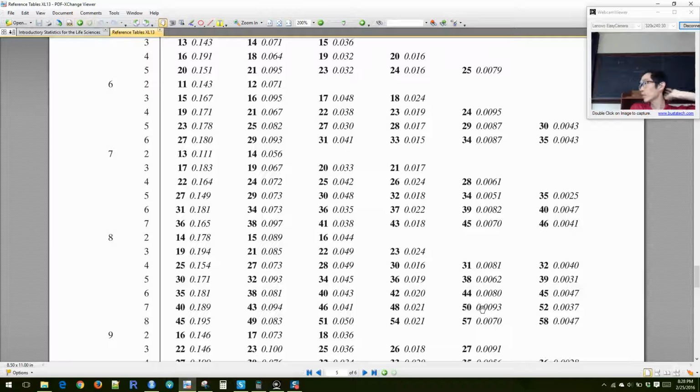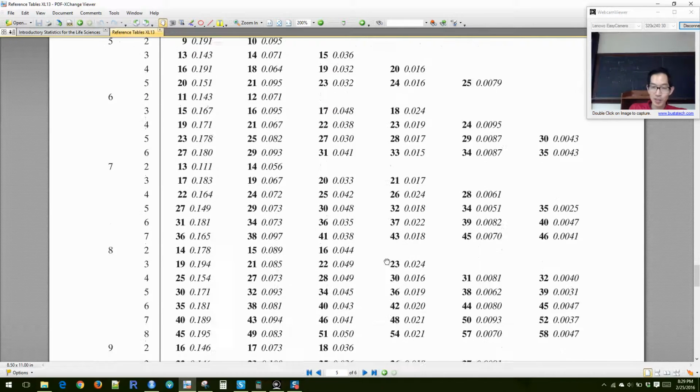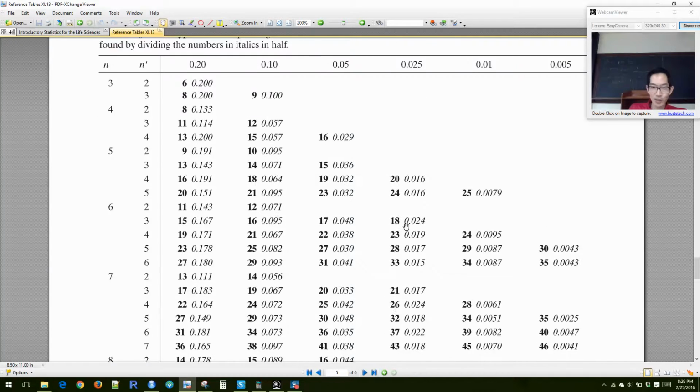But again, if you had one of these exact values that are printed in bold, you would know your exact p-value, which is more common for the Wilcoxon Mann-Whitney test than the t-tests. Oh, I'm sorry, hold on. These are our tail areas.